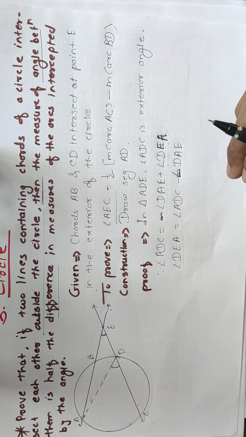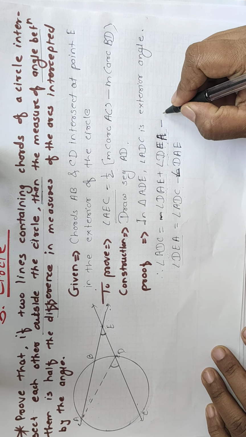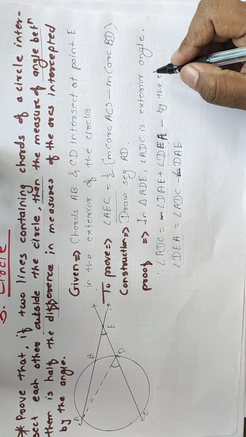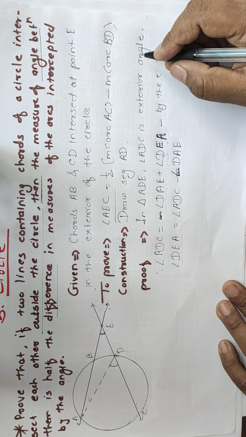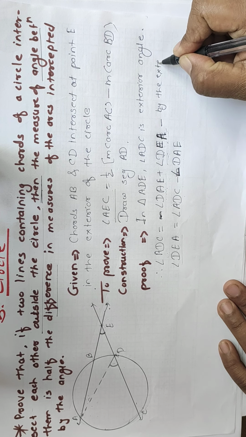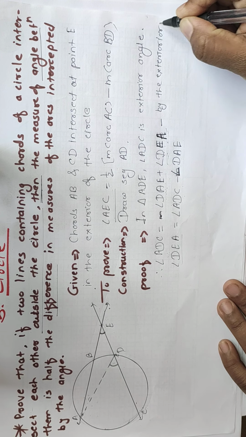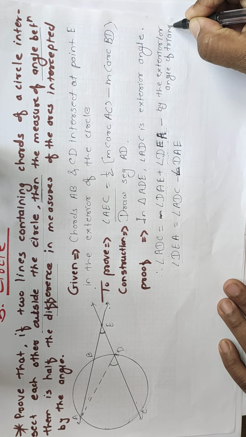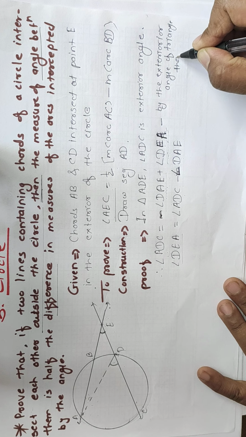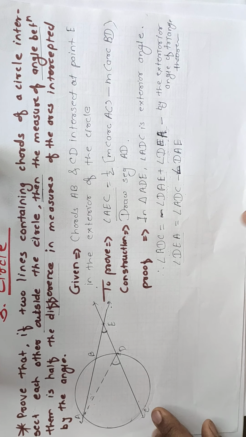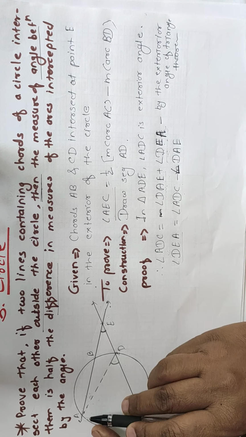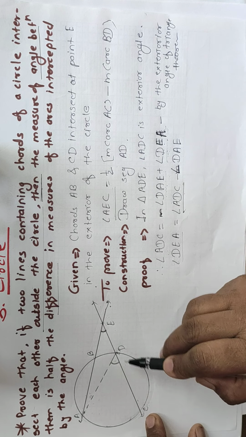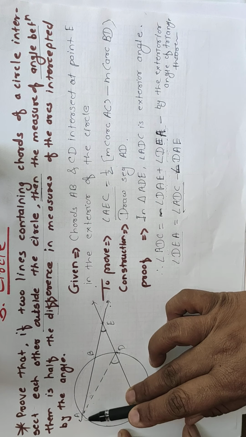Now the next point is that here we write, by the exterior angle theorem of a triangle. Okay, now we have to write the respective arcs. Angle ADC is equal to, as we know, 1/2 arc AC.